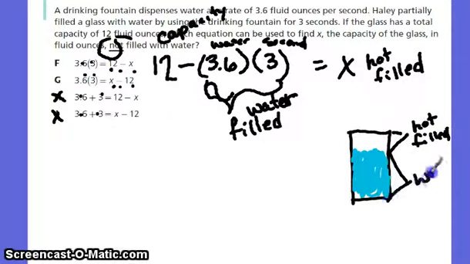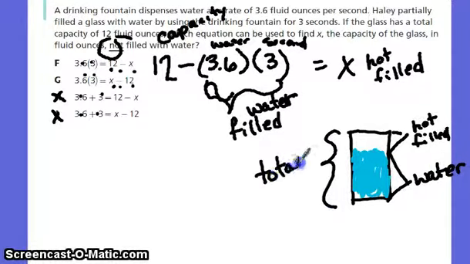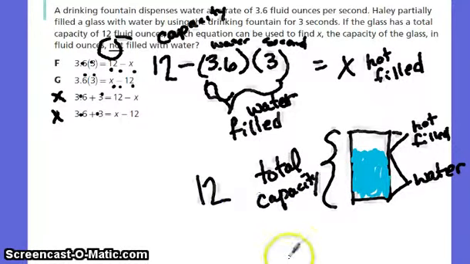This is what is filled up with water. And then all together, we've got the total, the capacity. So if we have a 12 in capacity and we subtract the not filled, we will find how much water there is. Can we take what's not filled and subtract the capacity to find the water?